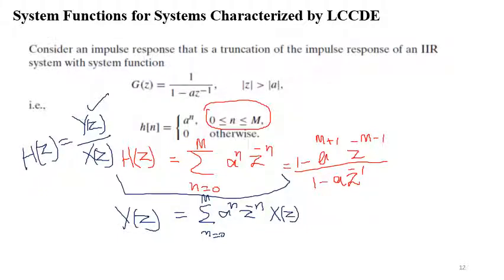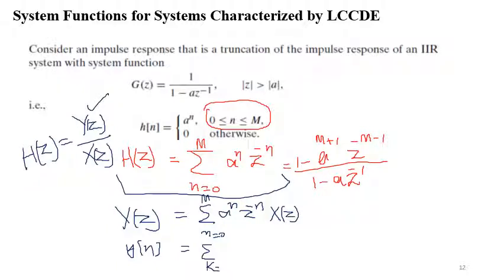Now if we take the inverse z transform of both sides, it will result in y of n. The inverse of this will be y of n, and this is because of summation, superposition, the linearity.